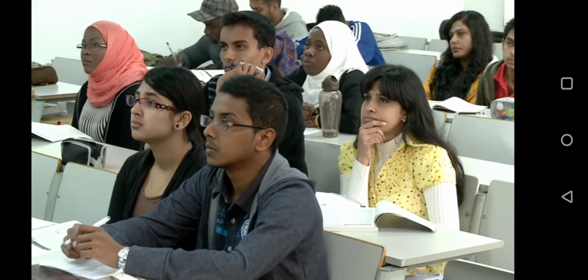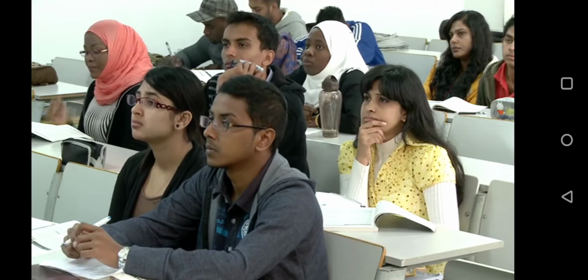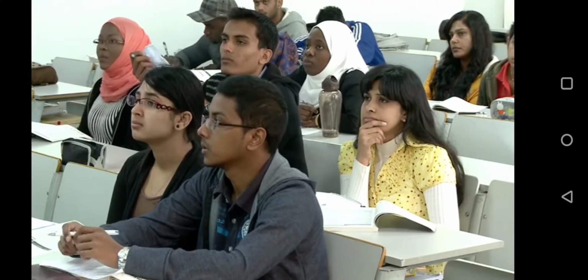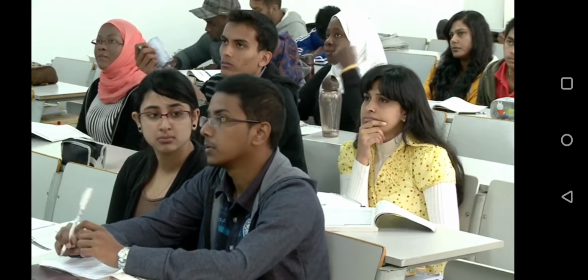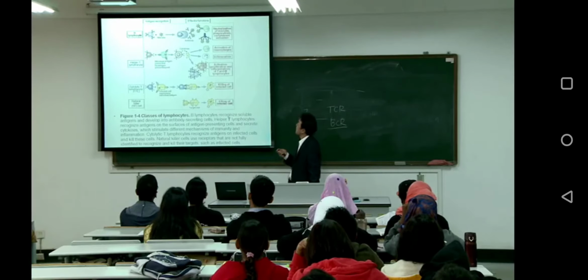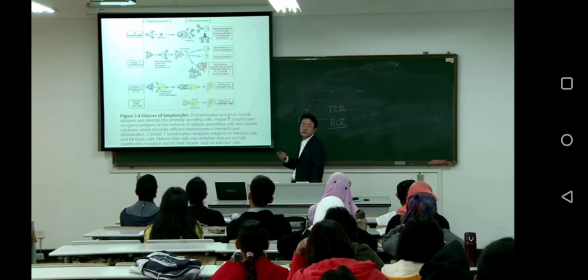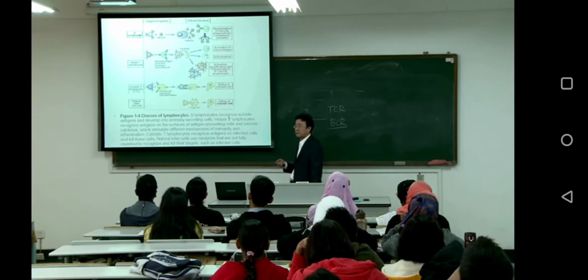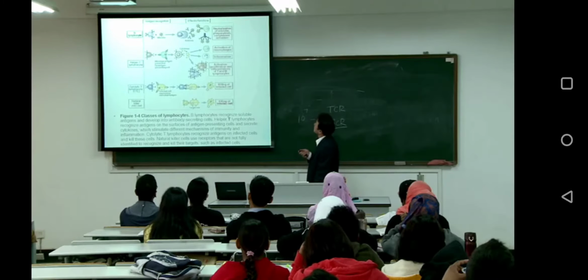And T lymphocyte recognizes the antigen presented by antigen presenting cell. Then the T cell is activated. Activated T lymphocyte produces different kinds of cytokine, for example, interferon gamma, interleukin 2, or TNF alpha.